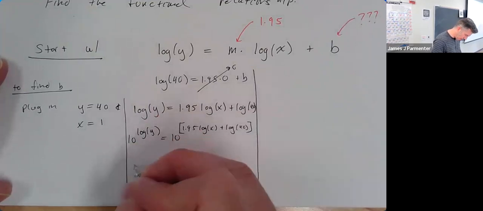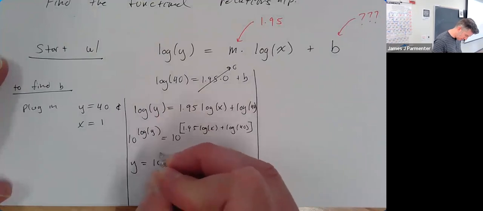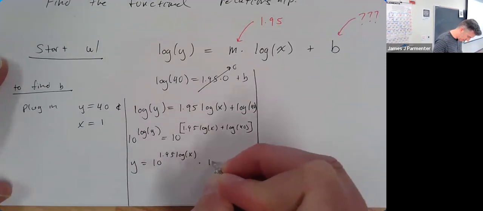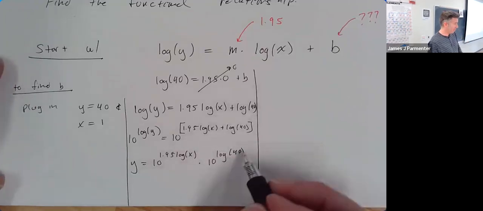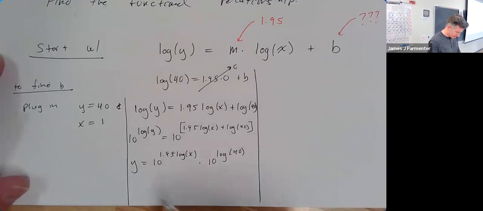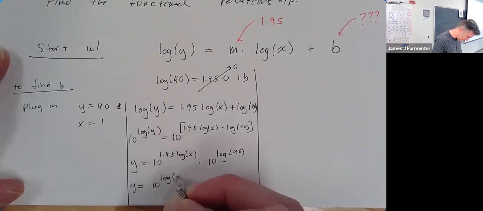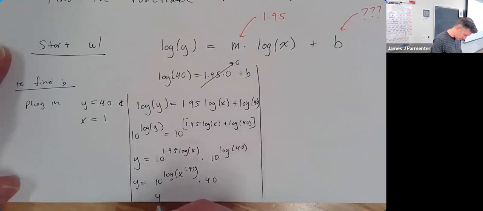So you get 10 to the log of Y is Y, times 10 to the 1.95 log of X, times 10 to the log of 40. And then 10 to the log of 40 is just 40. And 10 to the 1.95 log of X we can write as 10 to the log of X to the 1.95. We end up really with just getting 40 times X to the 1.95.